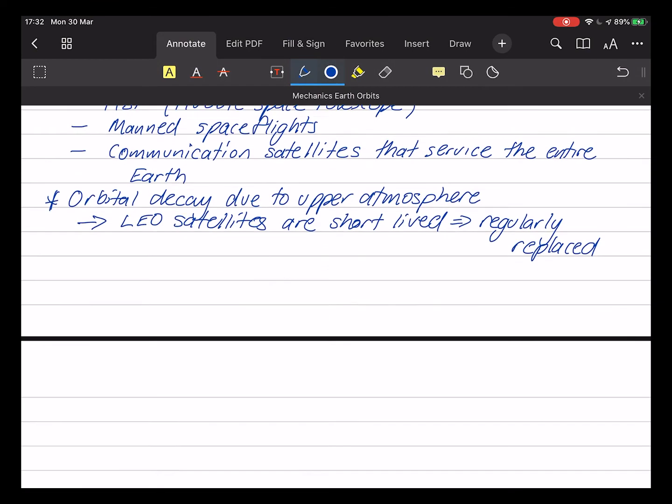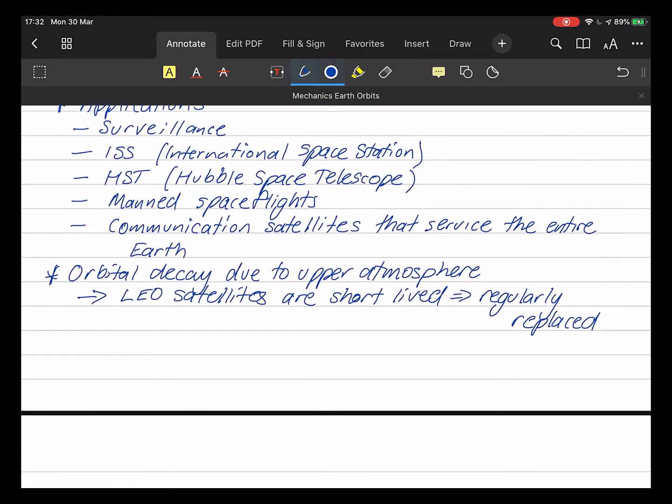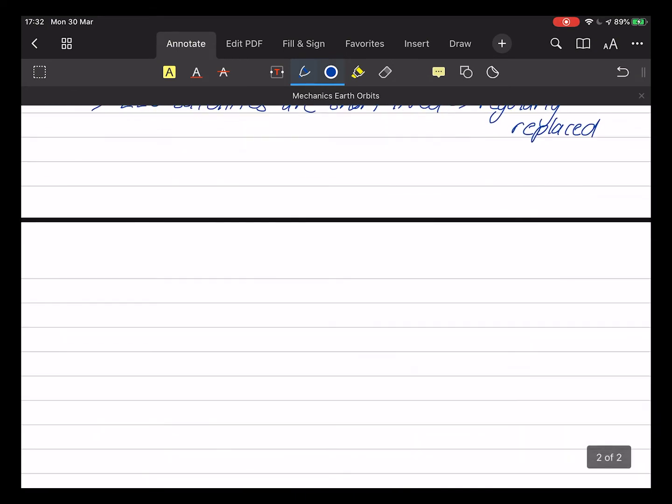All right, so that's low Earth orbit. Now, the next set of terminology: mid-Earth, I'm making that up.